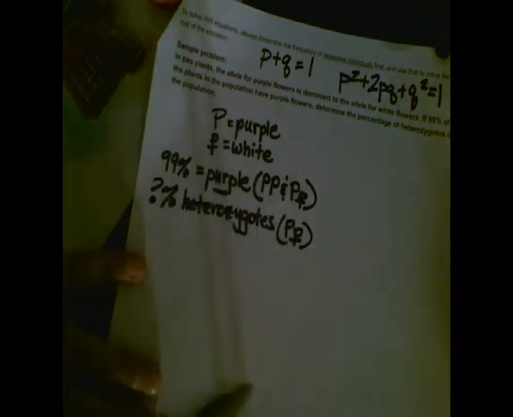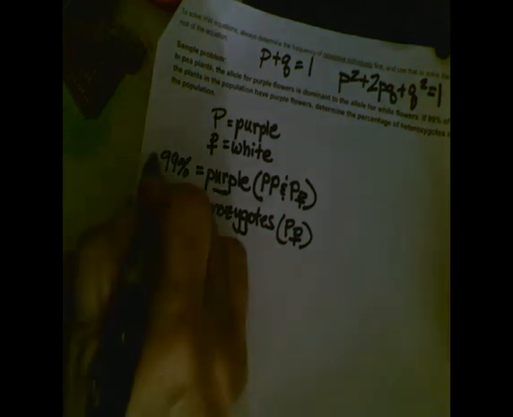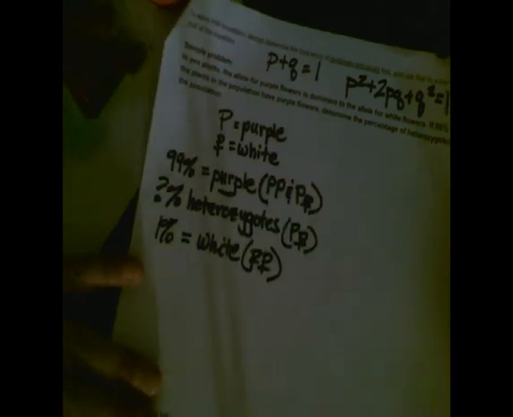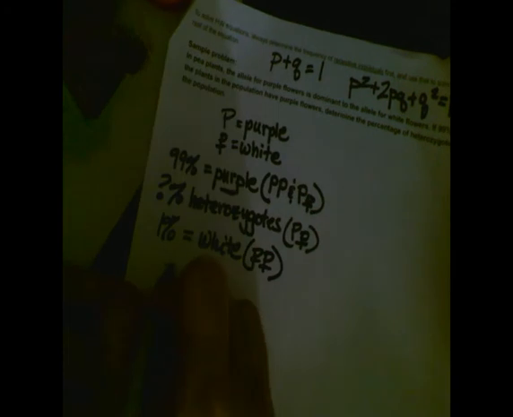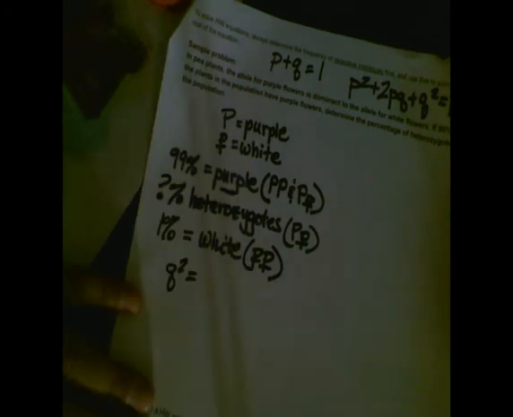However, you do know that if 99% are purple, that means 1% are white. Okay? And we know the white ones are little p, little p. So we have Q squared, right?